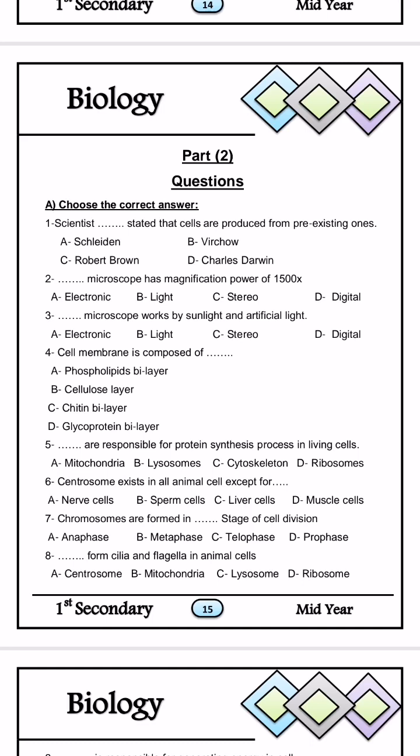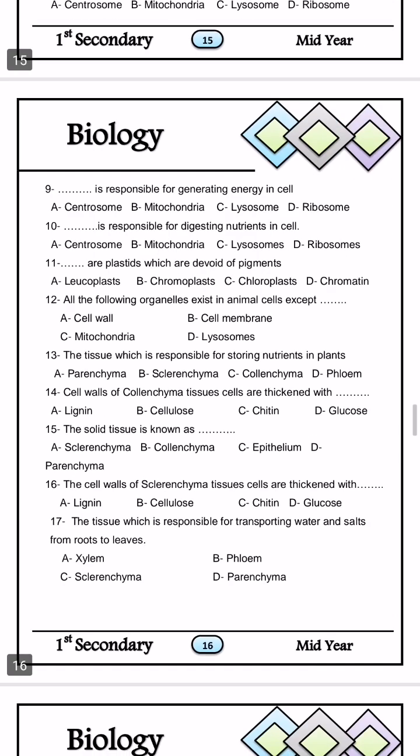The answer is centrosome, A. Centrosome makes the cilia and flagella. But the main function of centrosome, of course, is making the spindle fibers for the cell division.